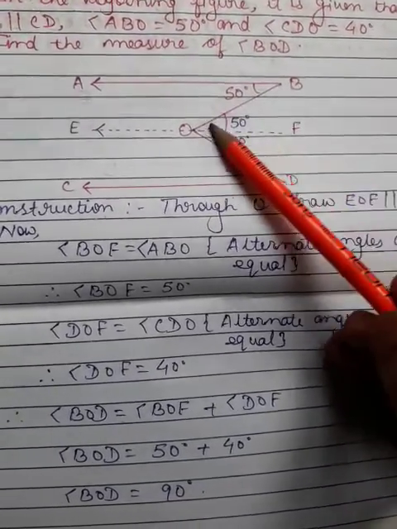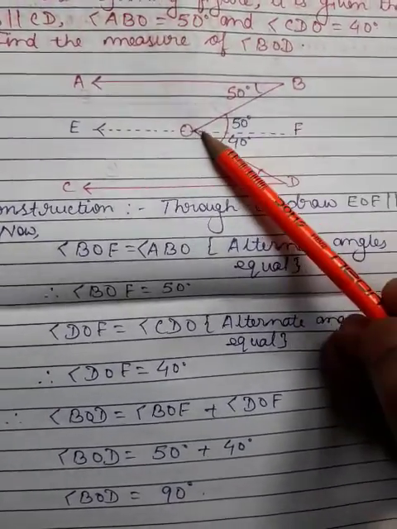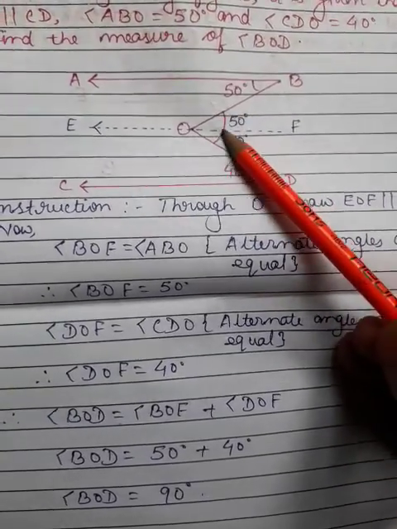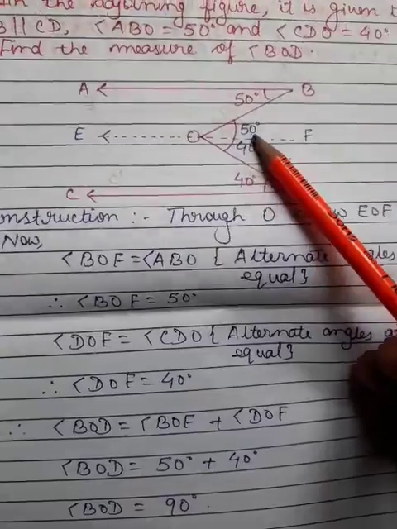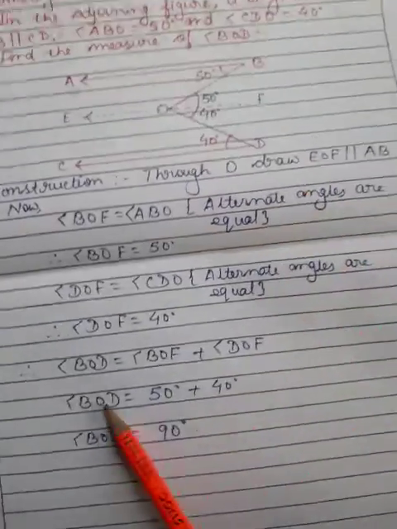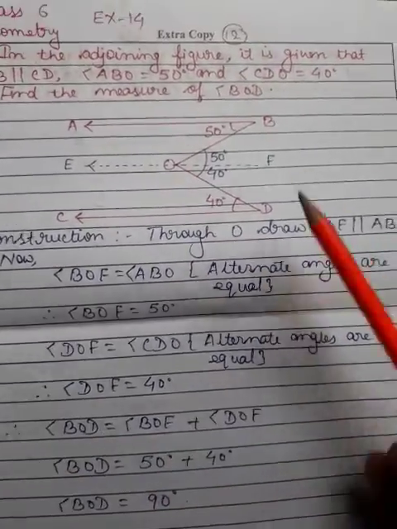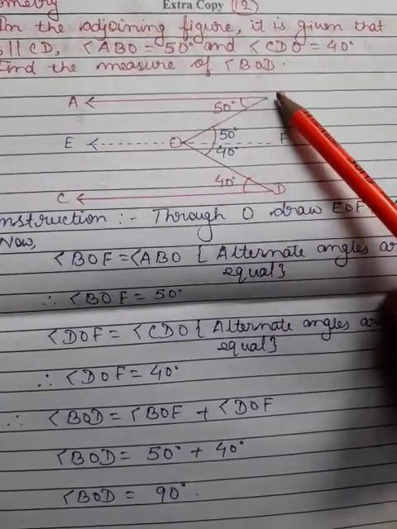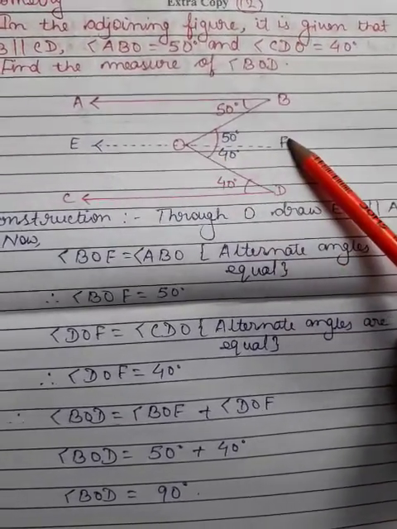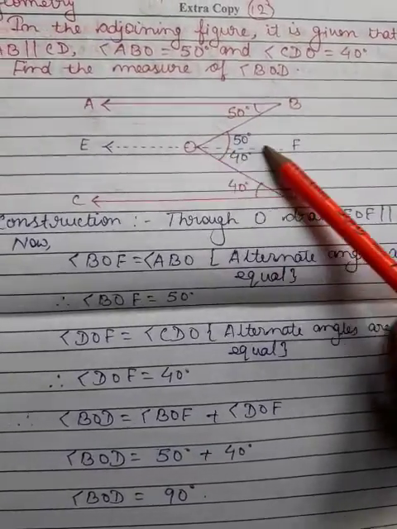Now we have to find this angle BOD, whole. So we have to add these two angles. Angle BOD will be equal to angle BOF plus angle DOF.